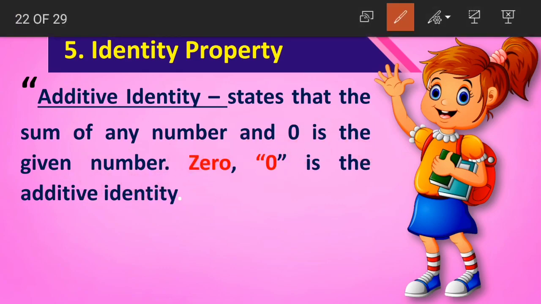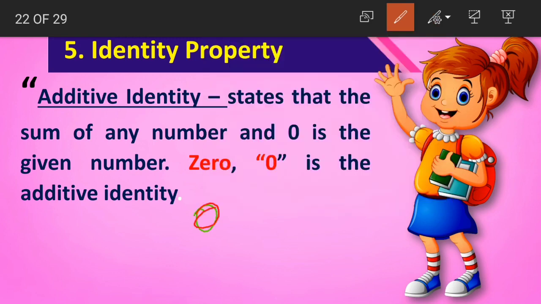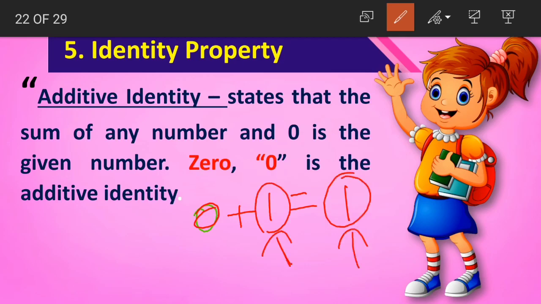Right? If I take two numbers 0 and 1, when I add 0 and 1 together, the answer will be 1 only. The identity of this number is not changed, right? I added 1, I got 1. The identity is not changed. How was this possible? Because I used the number 0 here.